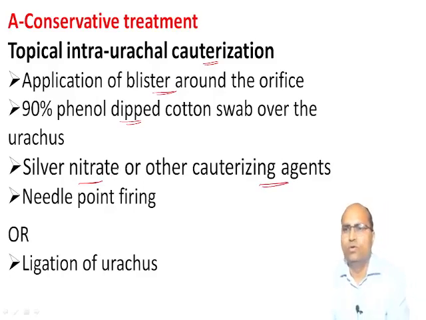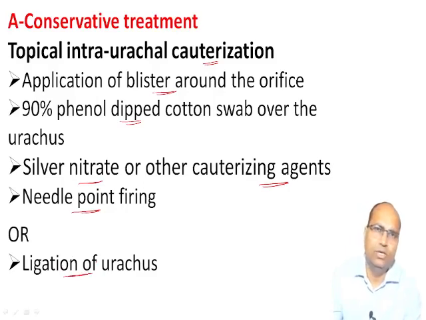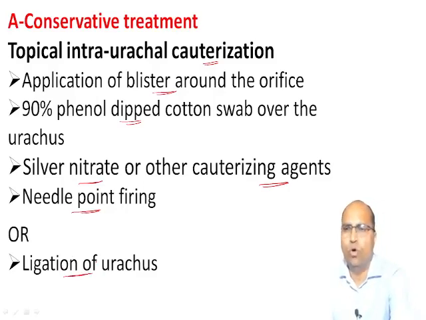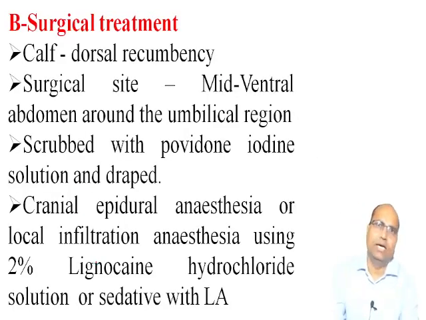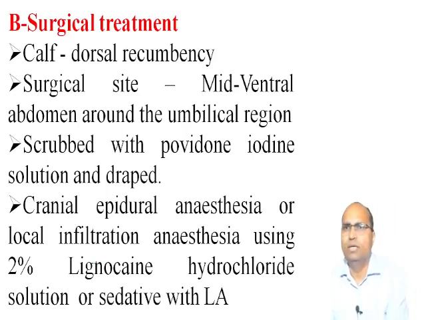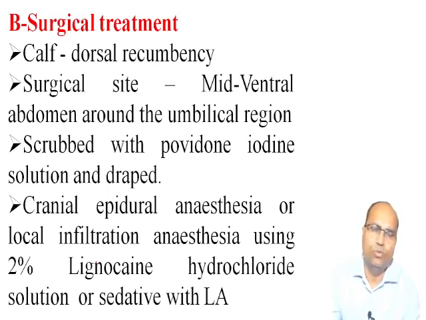Hence, we can use needle point firing, or we can blindly ligate the urachus. These are some conservative options available. If conservative treatment is not fruitful, then we should shift to surgical management of pervious urachus.